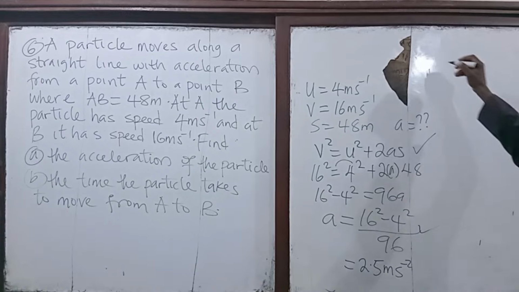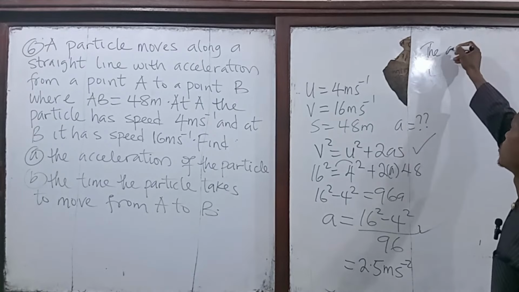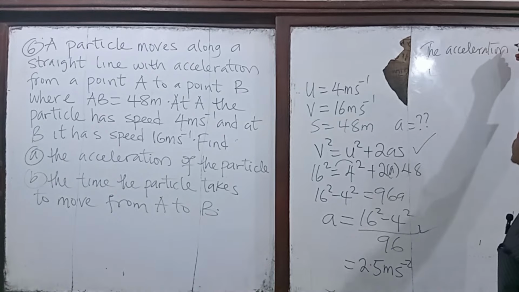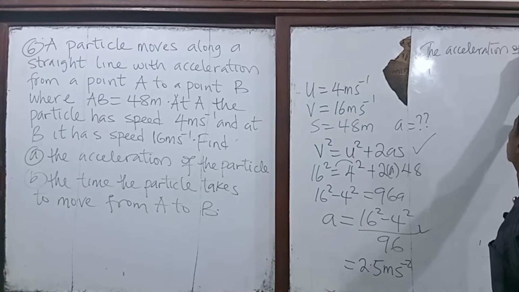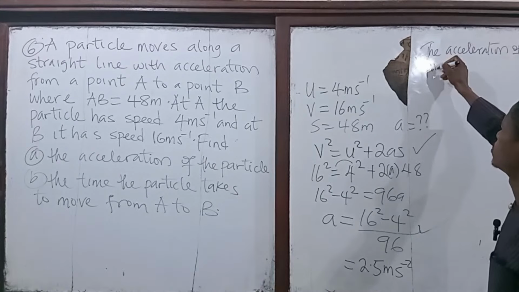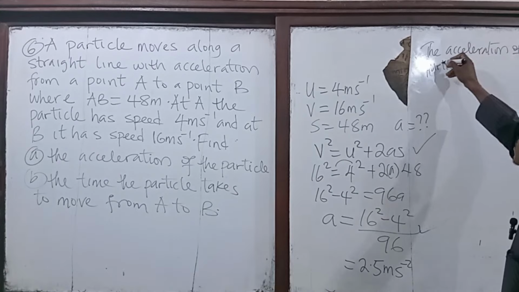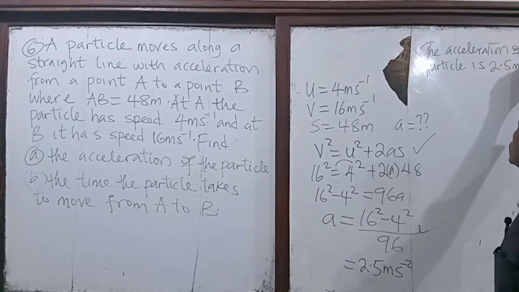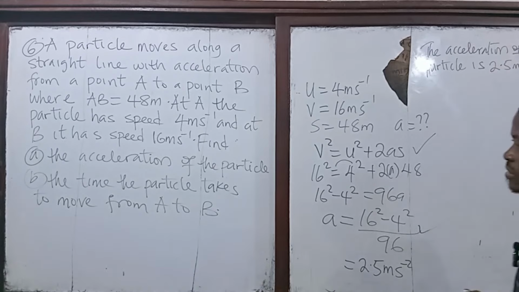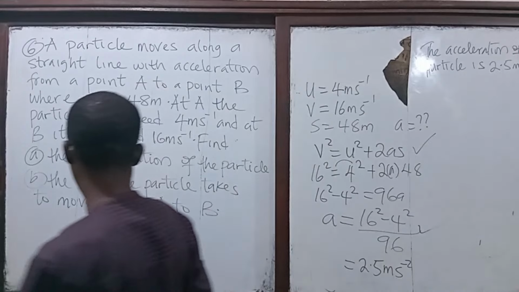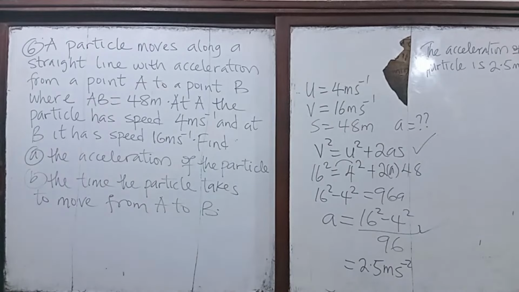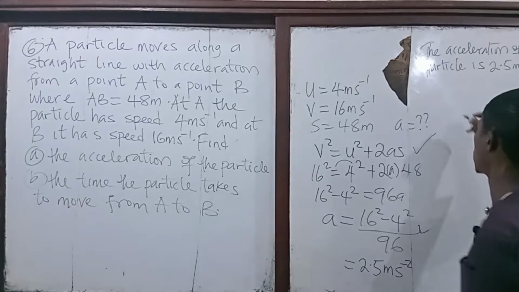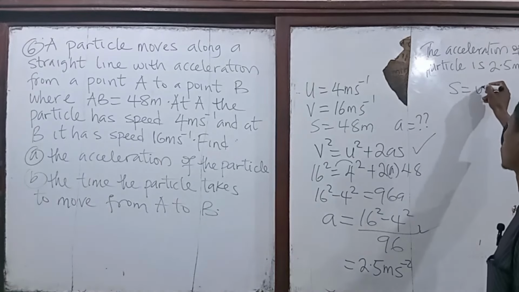So we can make a statement that the acceleration of the particle is 2.5 meter per second squared. So that's that. Then the time it takes from A to B. Let's see the equation we can use. Let's try this one.